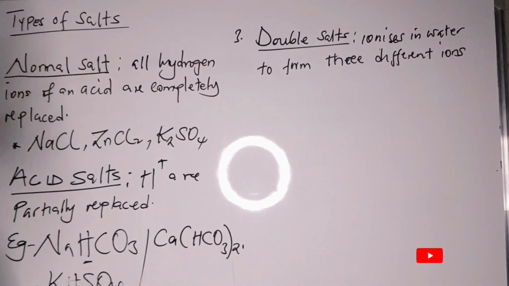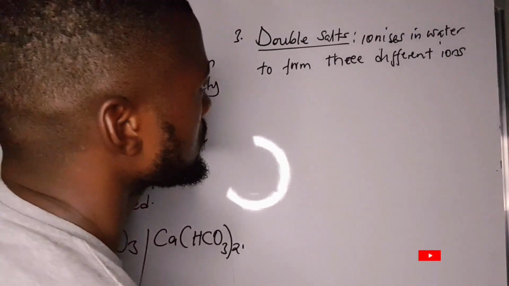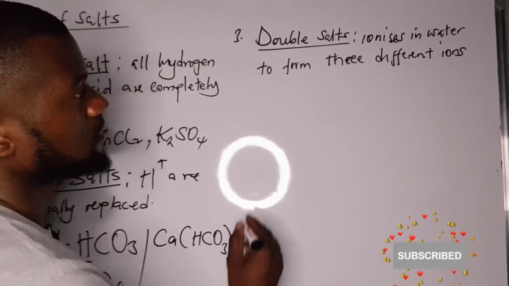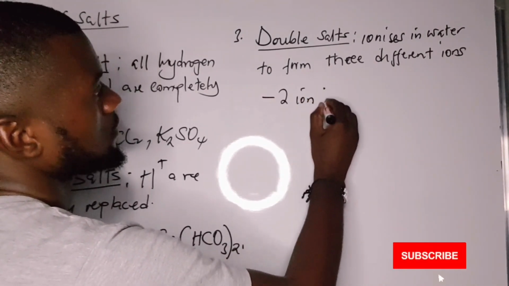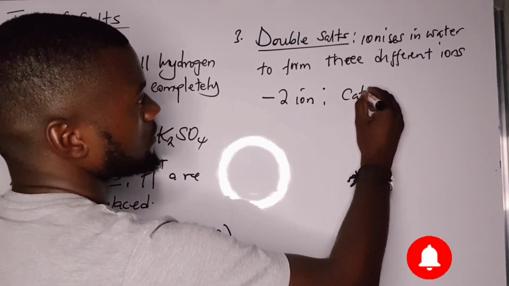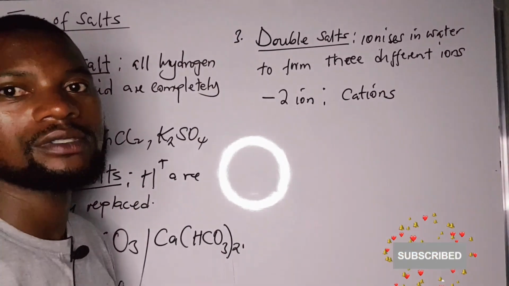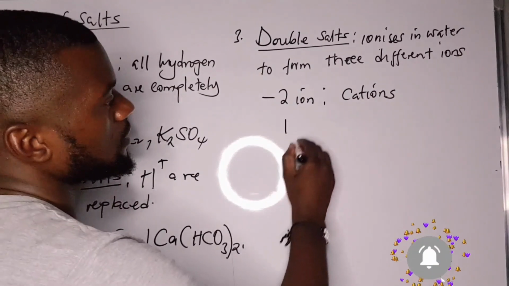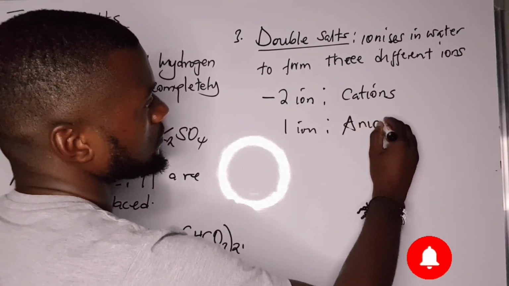When they dissolve in water, they are able to form 3 different ions. From the 3 different ions, 2 ions are the cations, meaning the positively charged ions, and the other one is the anion.